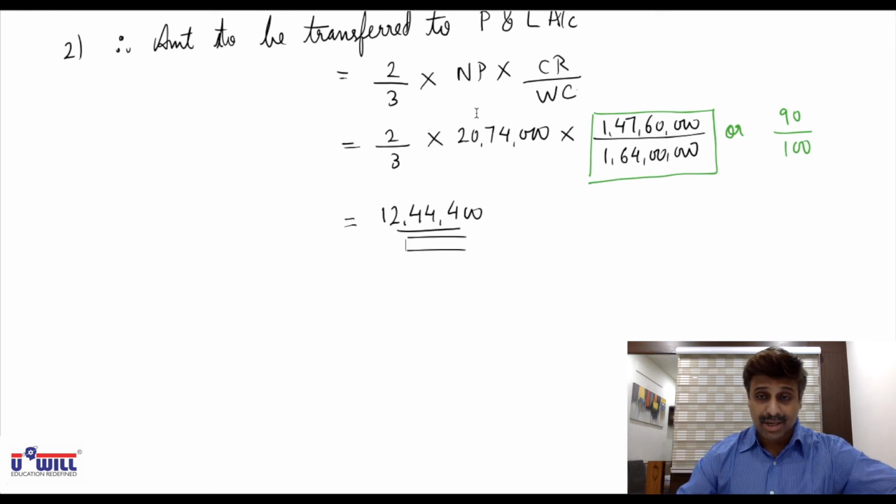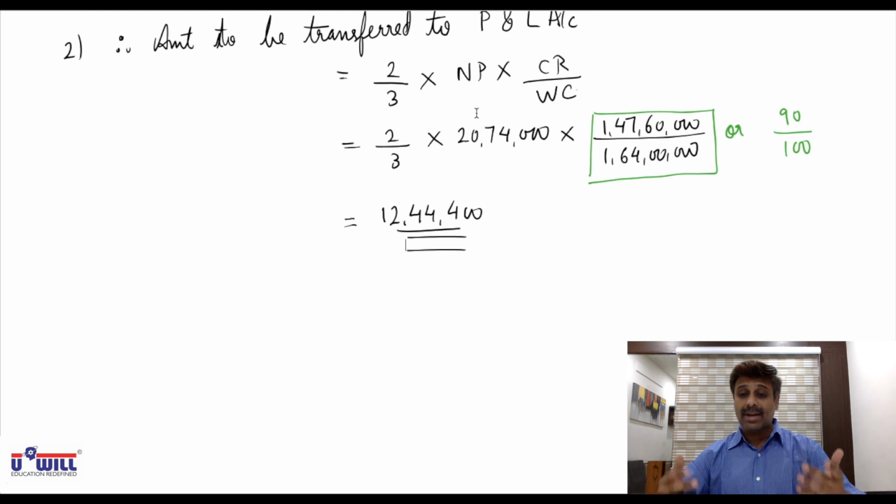But maybe your calculator doesn't allow it and you may get an error. So first divide: 2 divided by 3 into 20 lakh 74,000, then divide by 1 crore 64 lakhs, and then multiply into 1 crore 47 lakh 60,000. You'll get the same answer, 12 lakh 44,400.